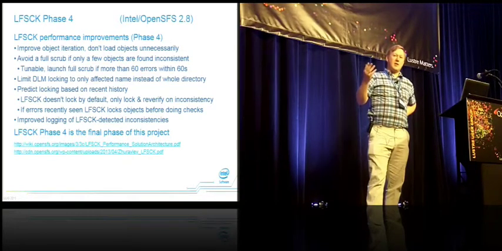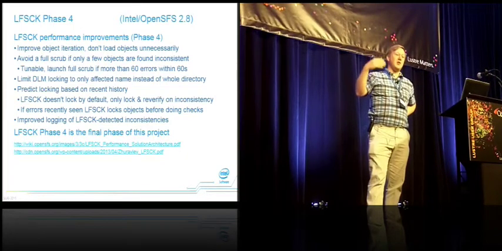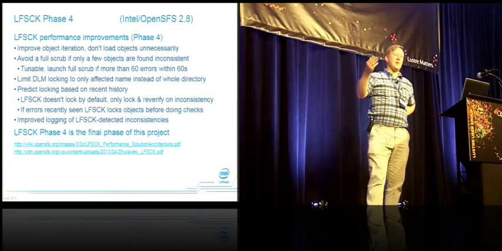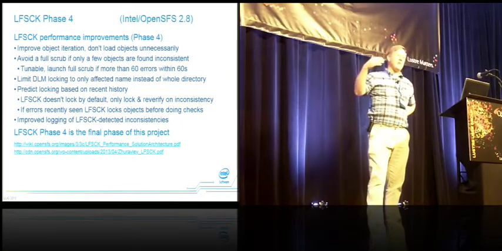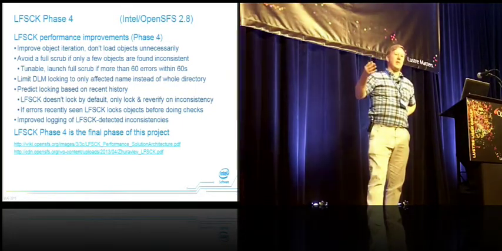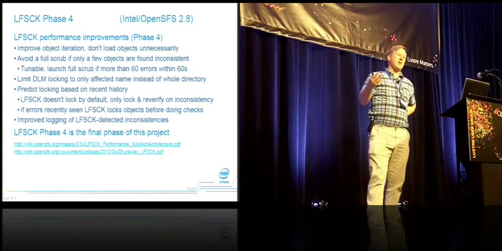There are two cases where you can find an inconsistency. One is if there really is an inconsistency. If you detect one, you go back, you lock, and you re-verify: was this really an inconsistency on disk, or was this just a race condition, where at the millisecond that I was reading this object, somebody else was renaming it or deleting it or whatever. If that's the rare case, we don't want to be imposing overhead.